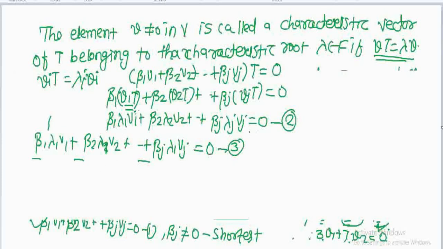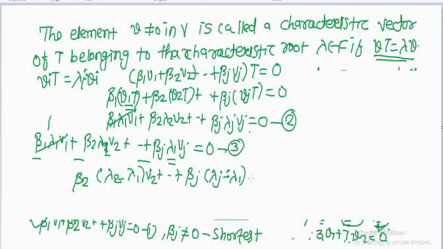Now you can see that beta 1 lambda 1 v1 and beta 1 lambda 1 v1 get cancelled, and from this we get beta 2 as a common, then (lambda 2 minus lambda 1) into v2 plus ... plus beta j into (lambda j minus lambda 1) into vj equal to 0.